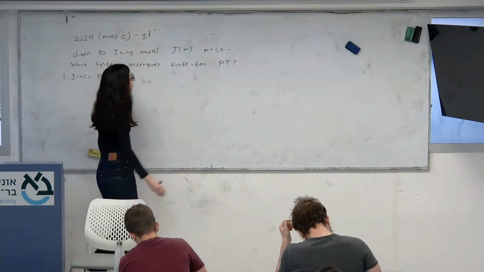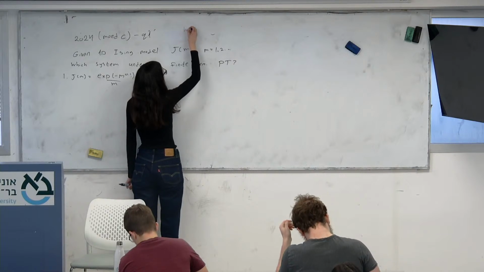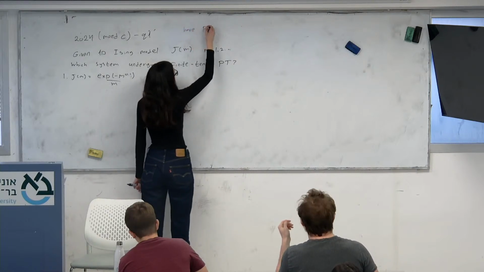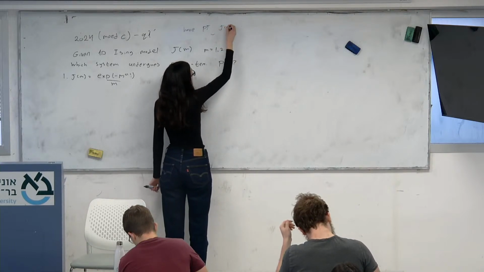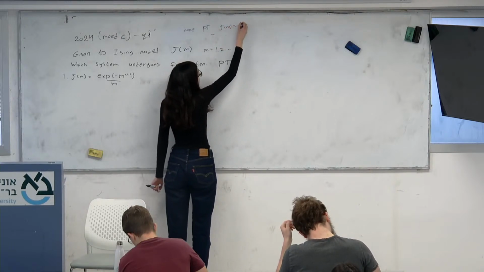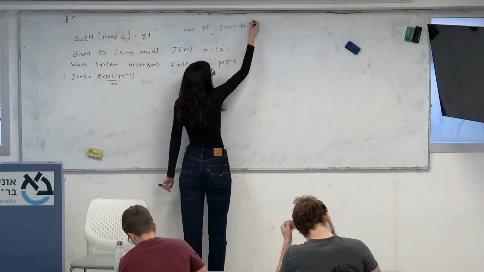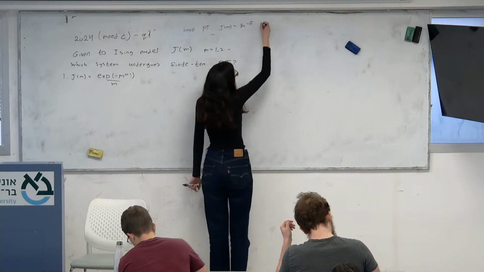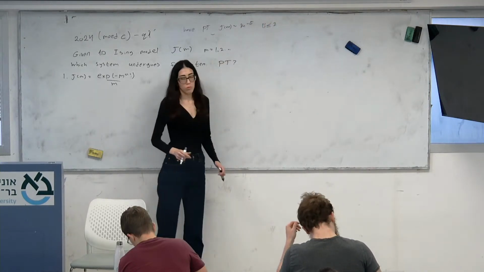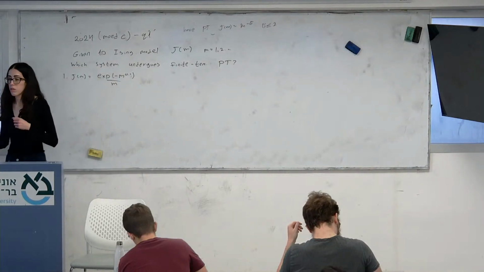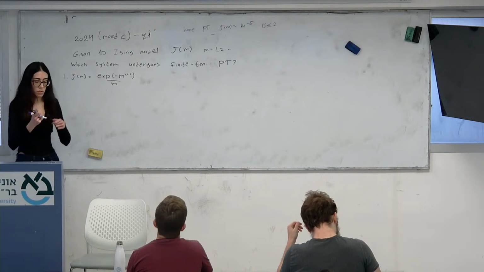Just a reminder, we have phase transition for J of m that goes as m to minus sigma if sigma is smaller or equal to 2, which means that the interaction in the long range is strong enough, so we can keep the correlation.